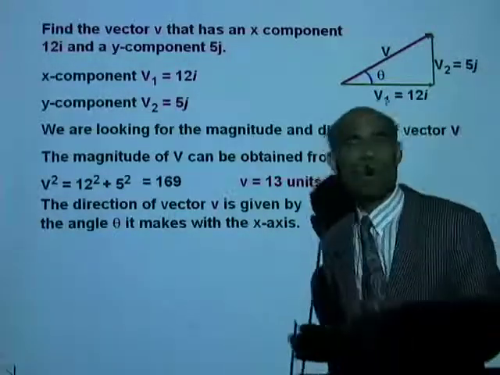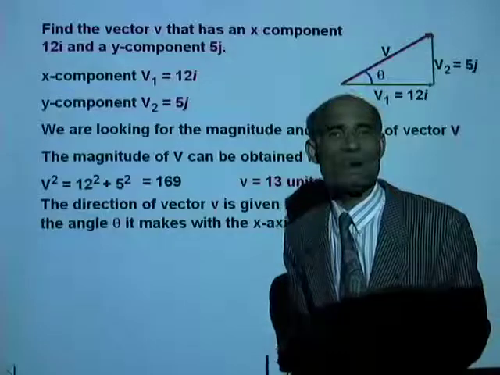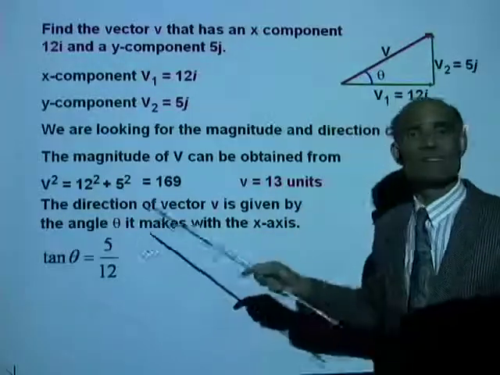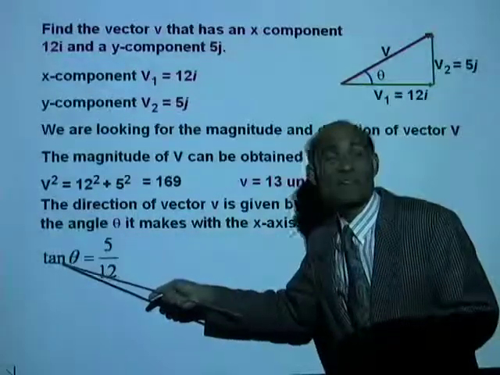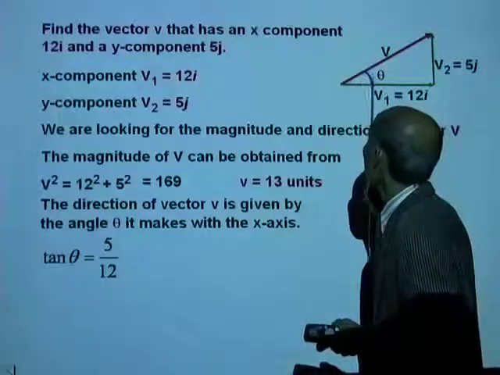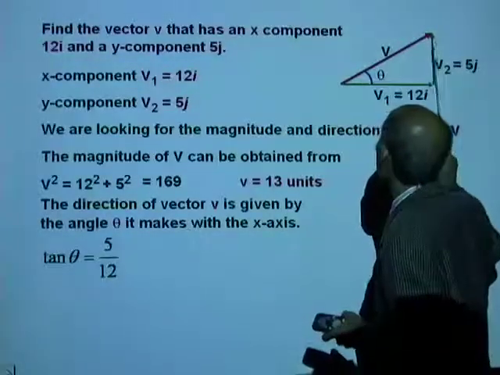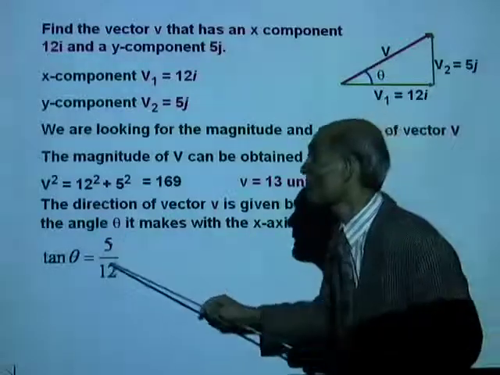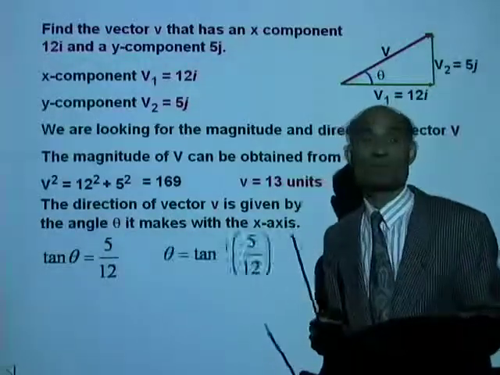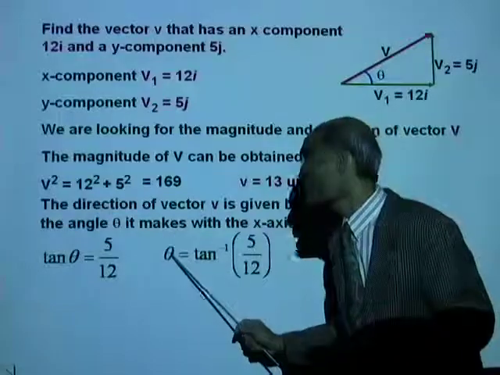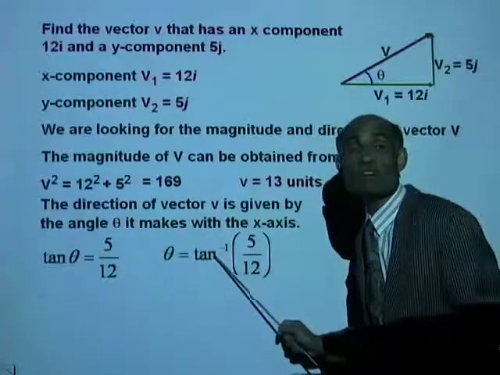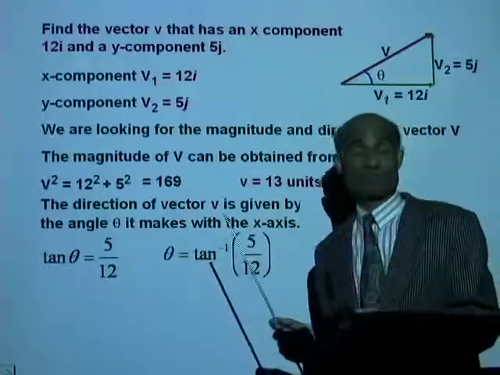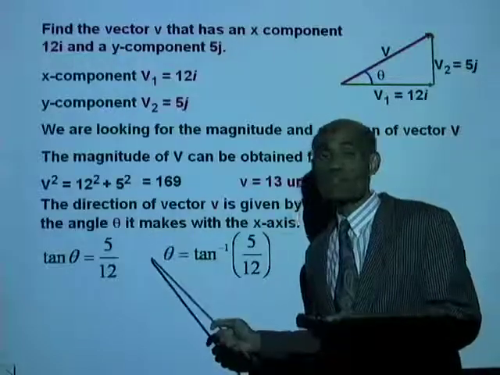What is that ratio called? Opposite side divided by the adjacent side. It's called tan theta. Tangent of this angle is opposite side divided by the adjacent side. That is 5 divided by 12. And therefore, theta is tan inverse of 5 over 12. I hope you understand that concept.